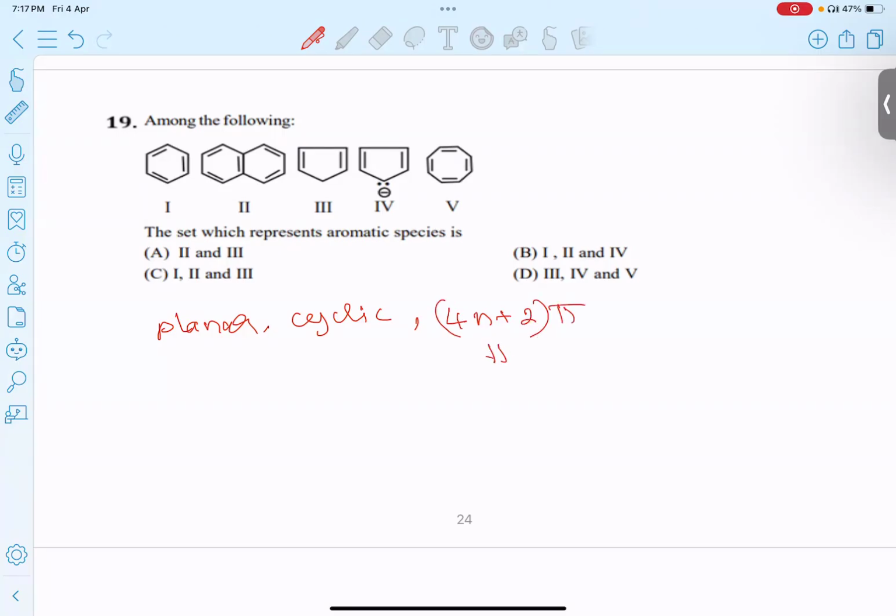This is also called Huckel rule. So an aromatic compound follows all 3 conditions. First, let us check.